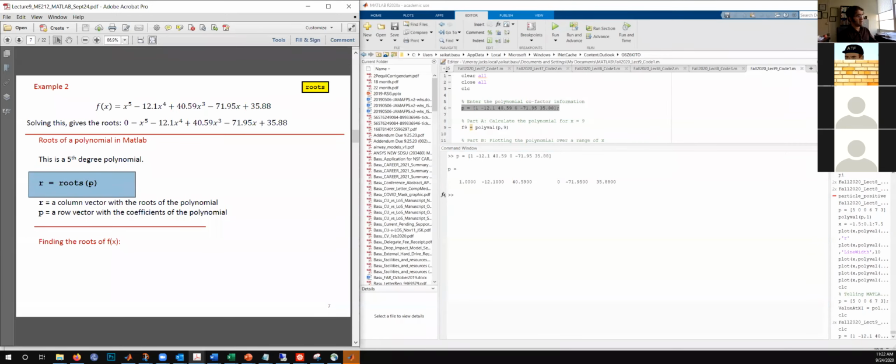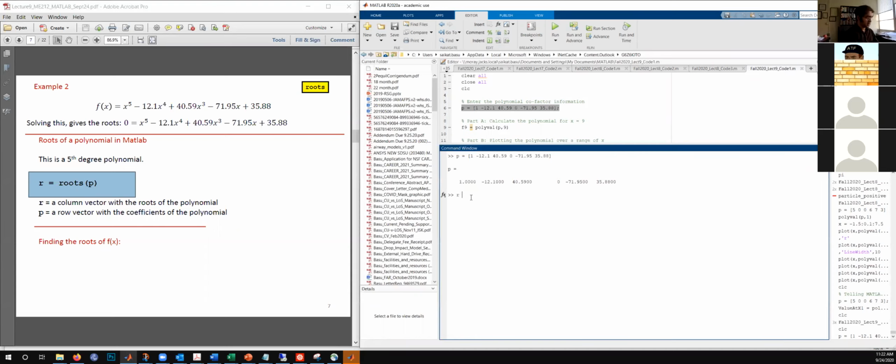Once MATLAB knows what the polynomial is, if you type roots(p), it would give you the values of x for which that polynomial is going to reduce to 0. So let's try that. r = roots(p). So these are the values of x for which that polynomial is going to be 0.